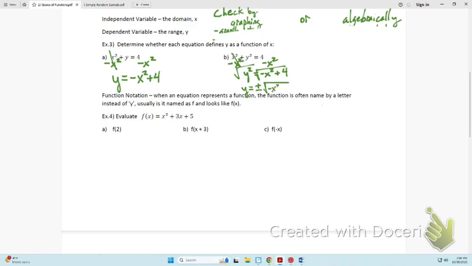This means that for any one x, there are two results. That means x is being used twice. So this is a no. This is two answers. Not a function. This is one answer. Yes, it's a function.